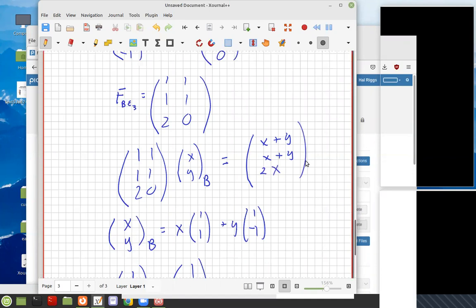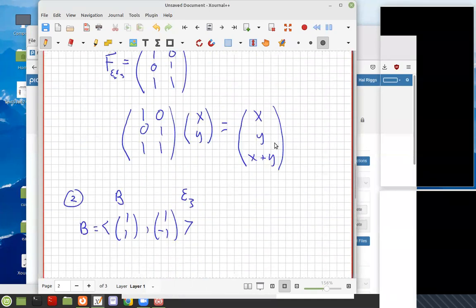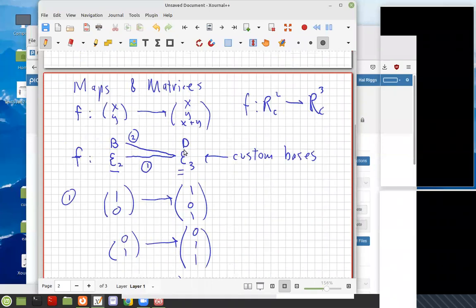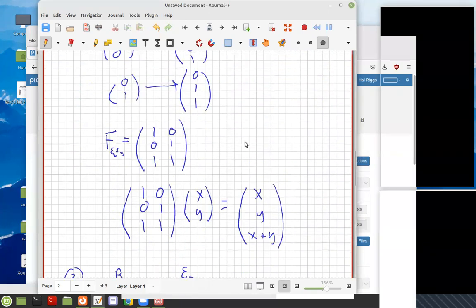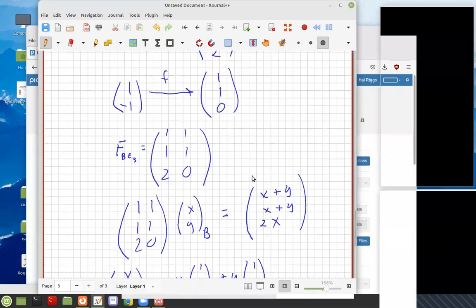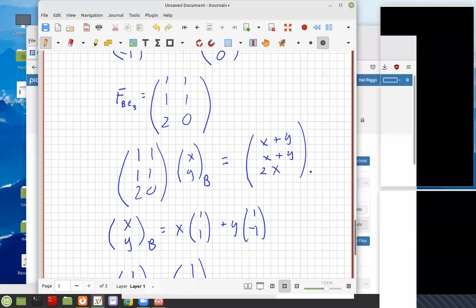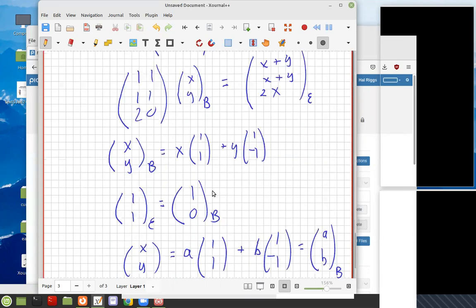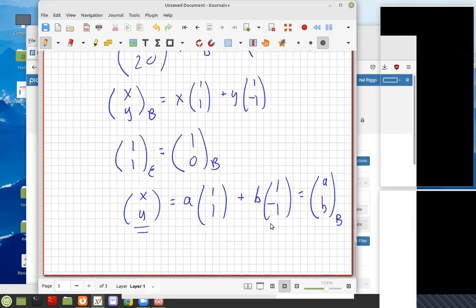Well, this is the same map up here as this one. However, this is in the standard basis and the standard basis. Now, down here, this is in the standard basis, but this is in the weird basis. So we'd have to go through to check that this really is the same thing.